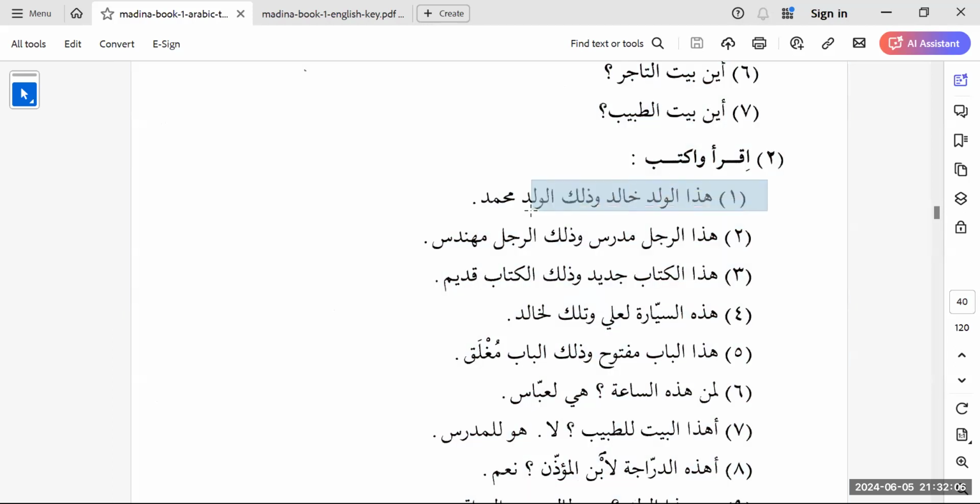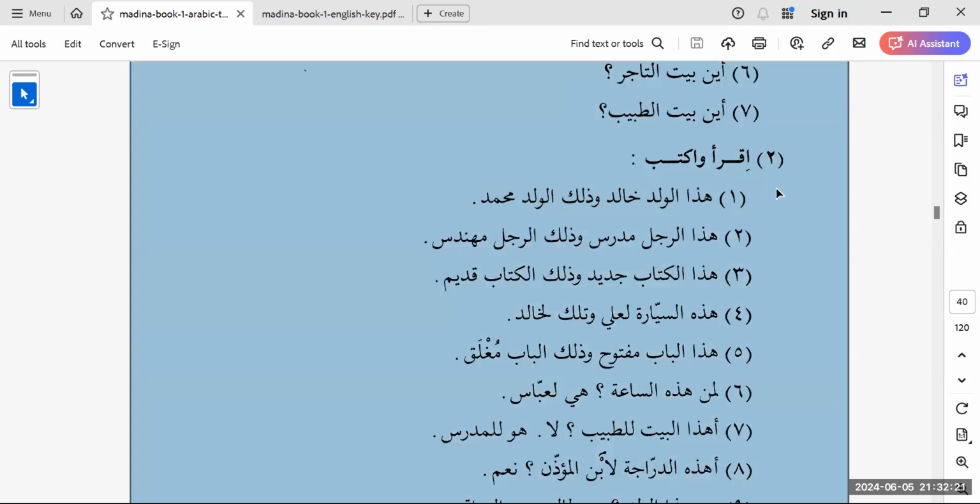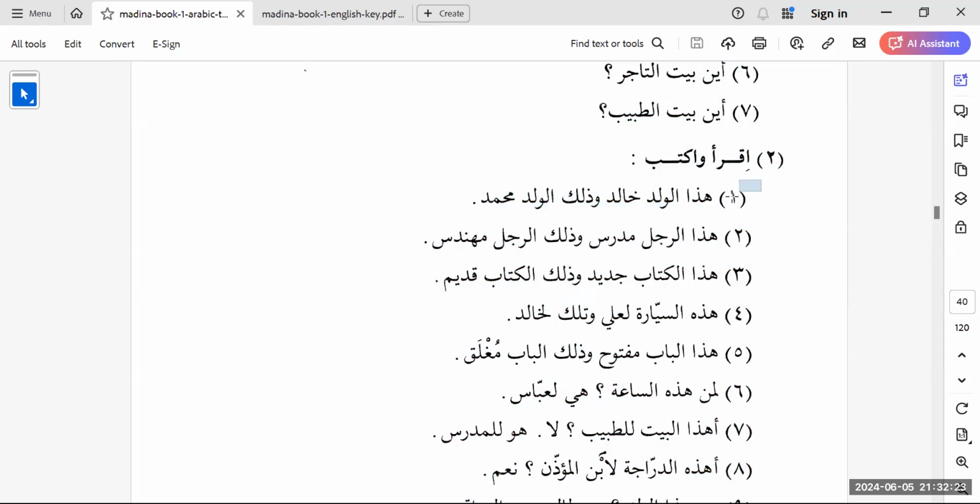هذا الولد خالد وذلك الولد محمد. I will translate this one, and you should understand afterwards.